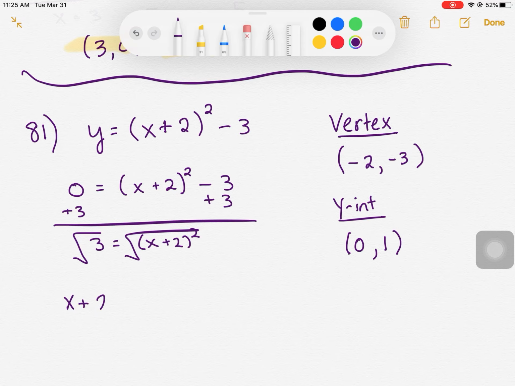I end up with x plus 2 equal to the square root of 3, which I'm not going to find because the square root of 3 is an irrational number. It doesn't end, it doesn't repeat, it's just an ugly decimal. So for right now, I'm going to leave it as just radical 3. I also know that x plus 2 could equal the opposite, or negative square root of 3. So you have a positive outcome and a negative outcome.